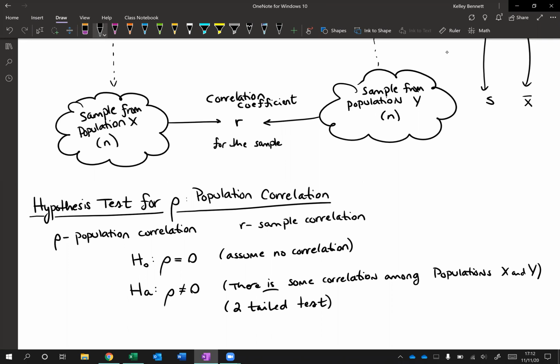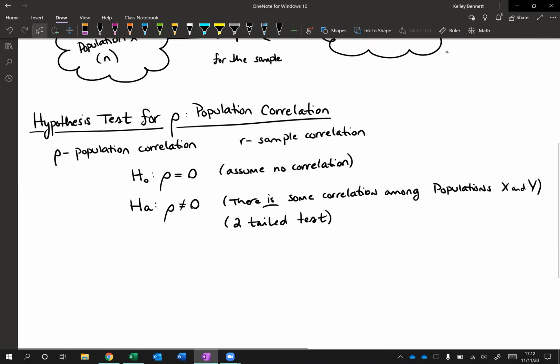When we do this, we're going to use a t-test. We're always going to use a t-test when using correlation.